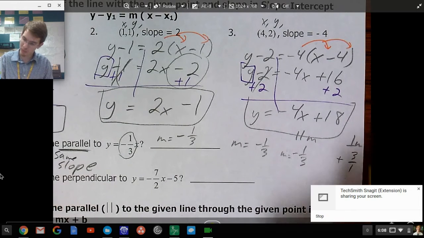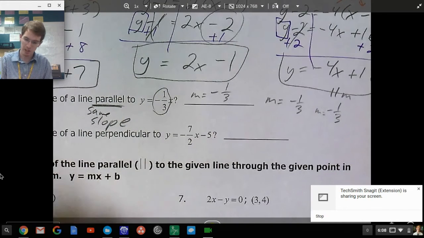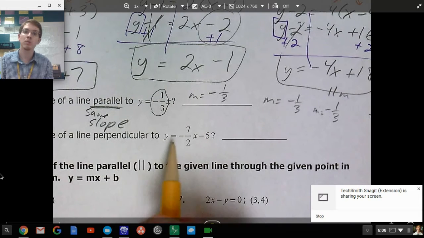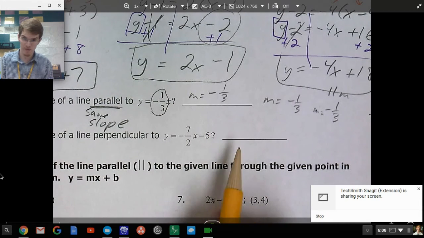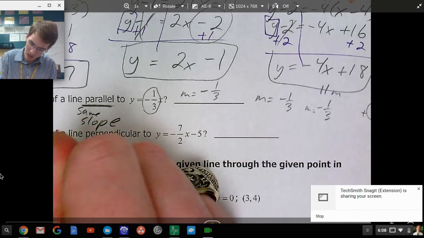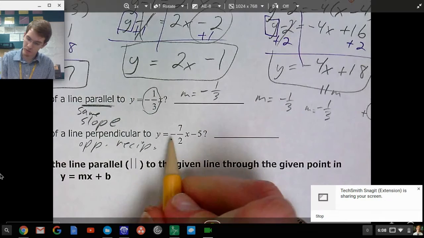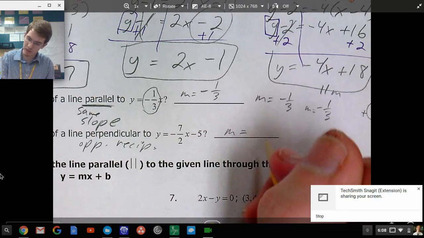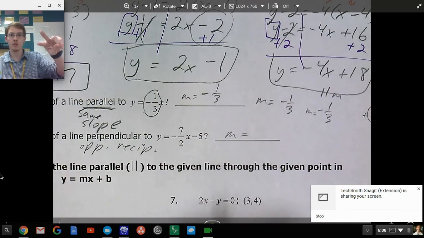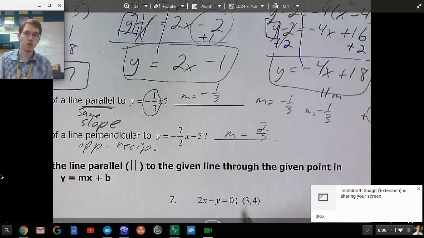And so our perpendicular slope here would be 3. So I'm doing that for the benefit of this next one. The slope of the line perpendicular to y equals negative 7 over 2 x minus 5. Okay, so perpendicular means the opposite reciprocal. So it goes from negative to being positive. It's a positive slope. And it goes from 7 over 2 to 2 over 7. So we get m equals 2/7.